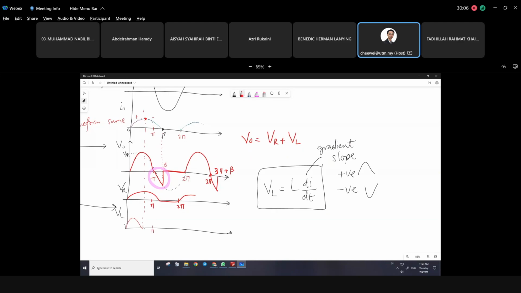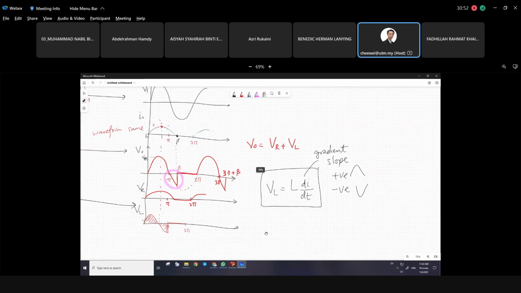And then a negative sine wave, you have this until you finish. It depends on how big the portion is. If we can complete the half cycle sine wave, then we draw it fully. Otherwise, we just stop at whatever we can draw. Okay, so this is the positive part and the negative part, differentiated by the peak reference point of the output current. VL equals L di dt. And then what happens from here to 2 pi? 2 pi is here. It will be 0. And then it repeats again, the cycle. Are you with me?